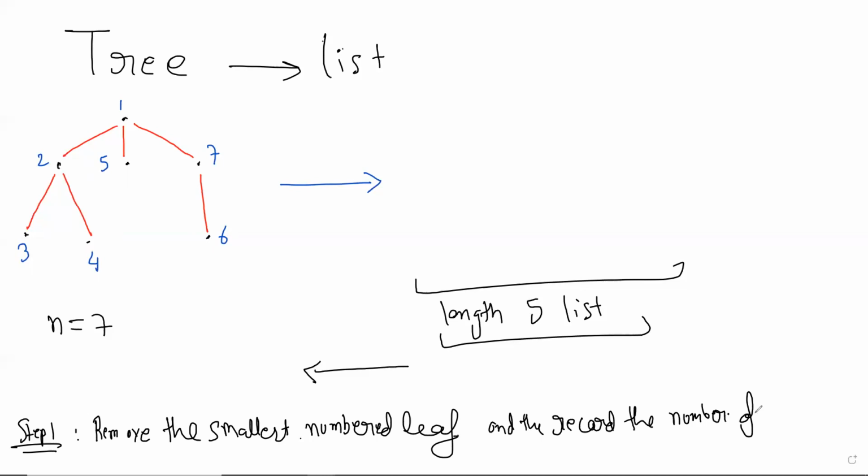We're not going to record the number of the leaf. Every leaf has only one immediate parent, because its degree is 1. Or just use the word neighbor, but parent is more telling. We're recording the number of its parent.